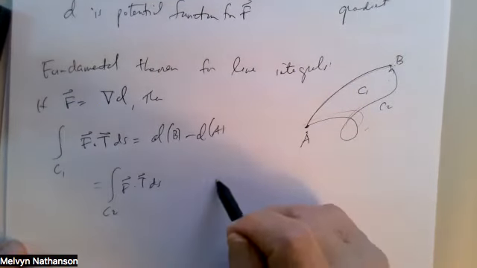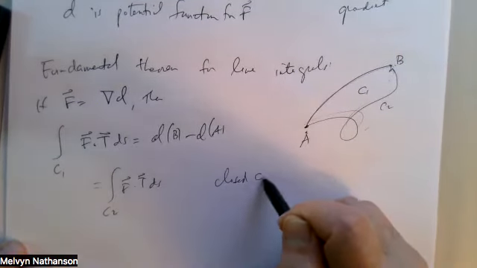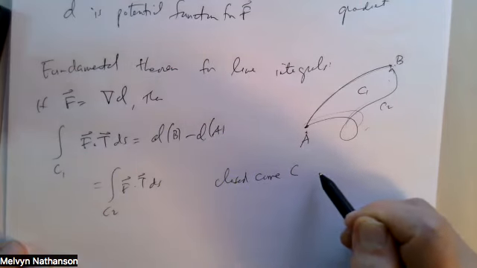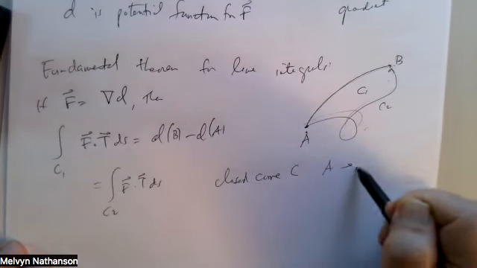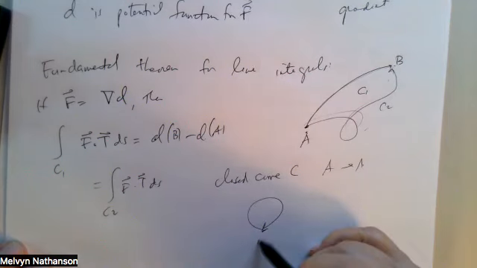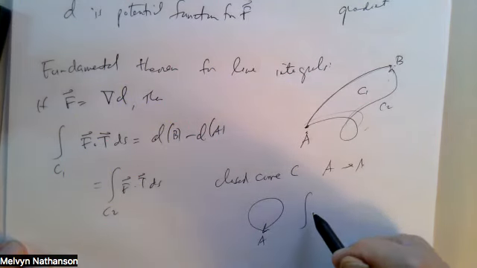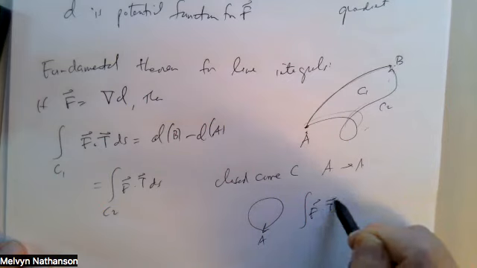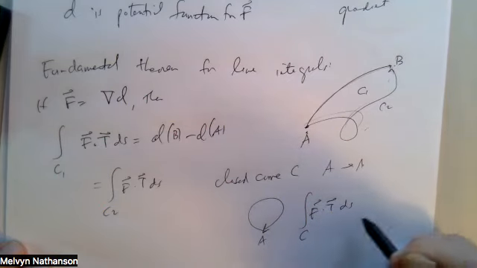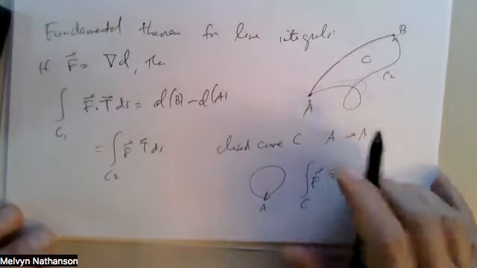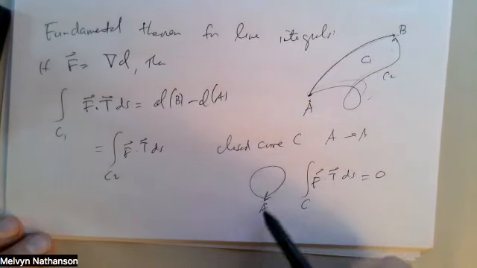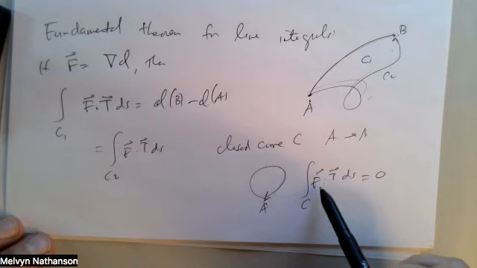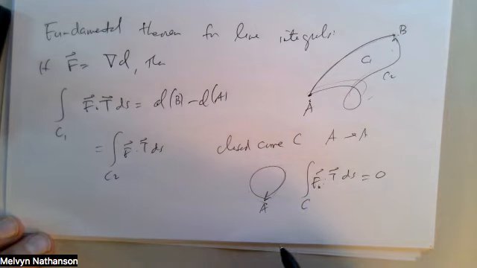which also has the following corollary. You have a closed curve C from A to itself. The integral of f dot t ds along this closed curve C is always going to be 0, if f is a conservative vector field.